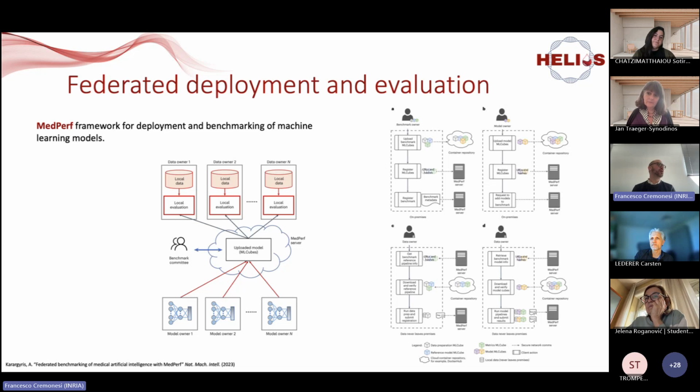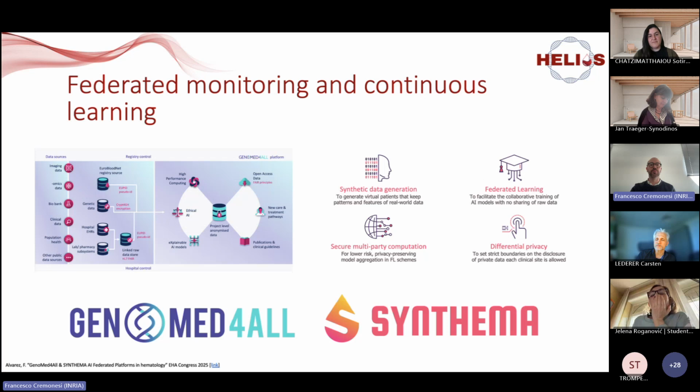The idea is we don't care about training or the learning process, but we still want a way for a researcher to come with a pre-trained machine learning model and simply ask a network of hospitals to conduct some evaluation on their own local data for that model. There's a framework called MedPerf, and it's kind of the state of the art in this scenario.